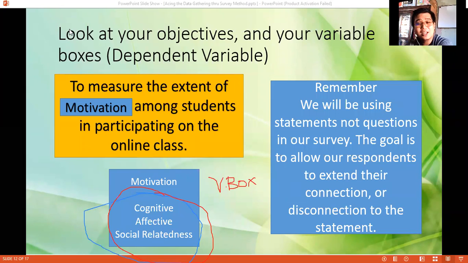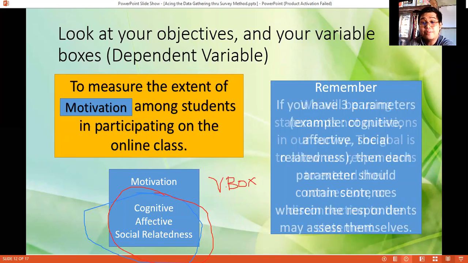Statements allow the respondents to express their connection or disconnection, their satisfaction or dissatisfaction towards the survey statements. Okay? So, let us continue.